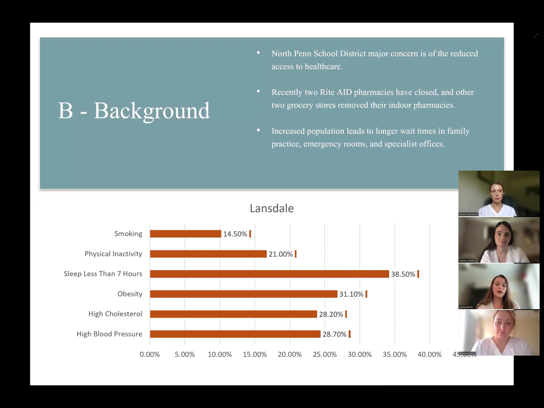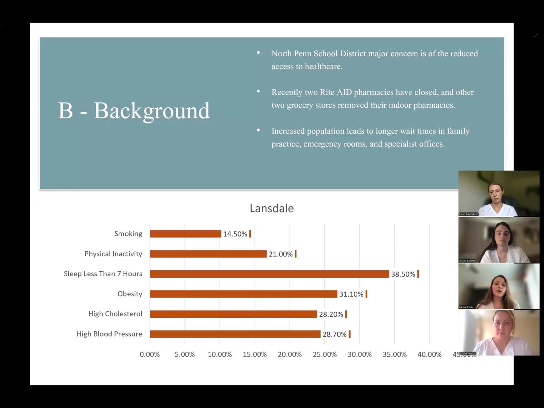We learned that healthcare access for this population has been decreasing, especially because four of the pharmacies in the area have closed down, especially the Rite Aids and the grocery stores that had pharmacies inside, which means the people that have hypertension or other conditions that require medications cannot get to those medications because pharmacies are now away from them.